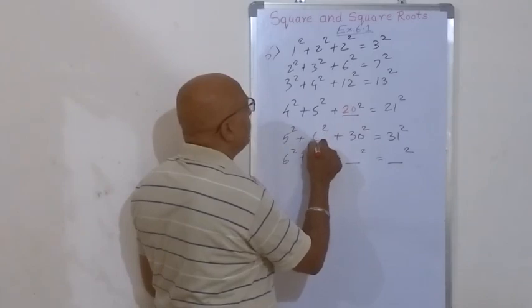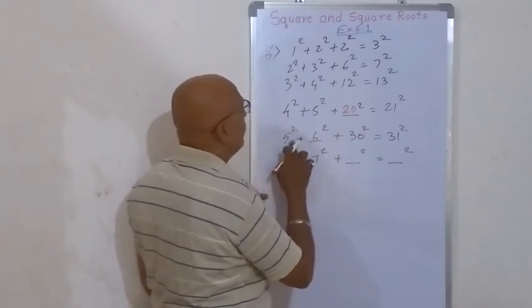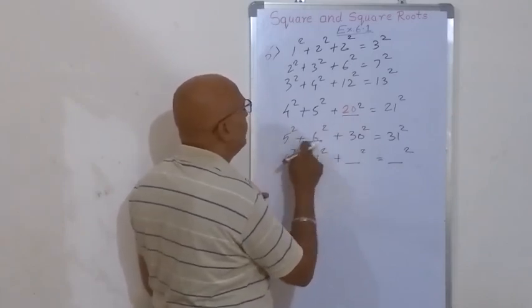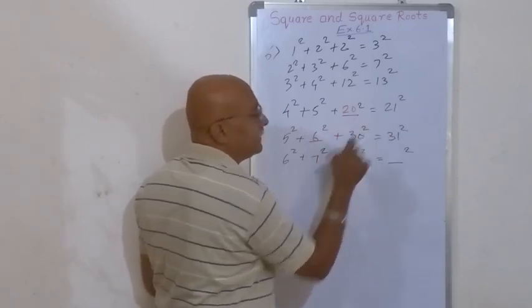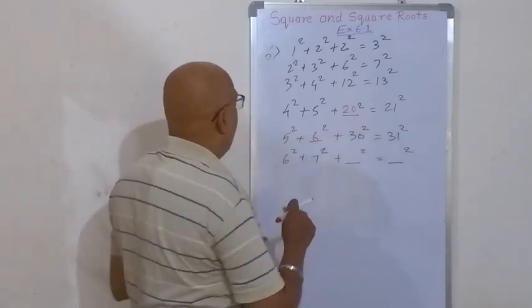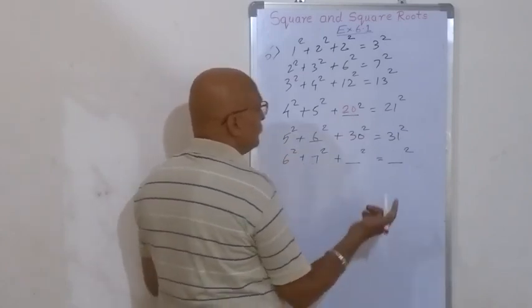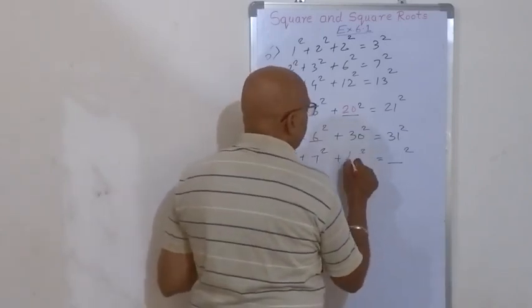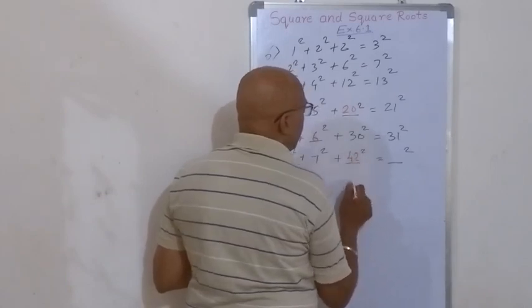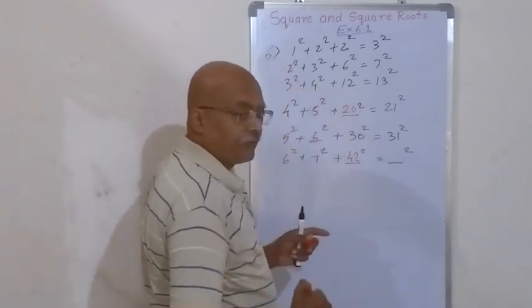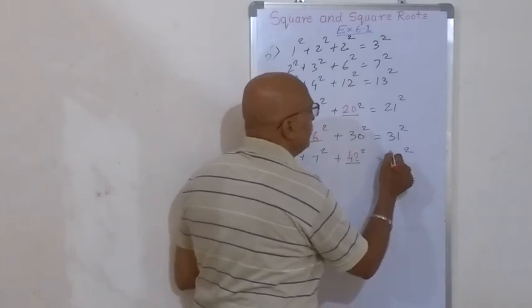So here you will write 6 square. So 5 square plus 6 square plus 30 square equal to 31 square. And the last one, 6 square plus 7 square, 6 into 7 is 42. So 42 square. Now what is the consecutive number of 42? It is 43.